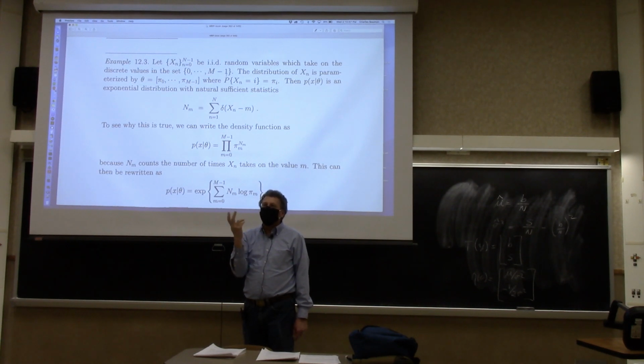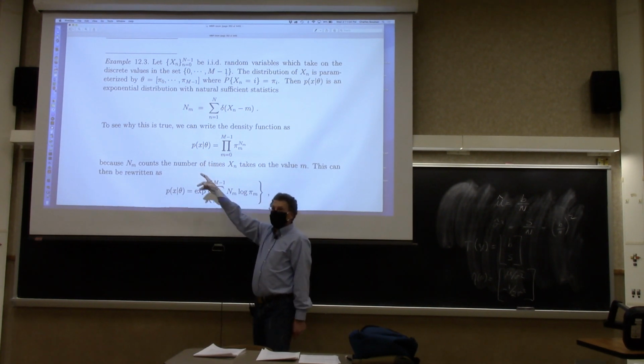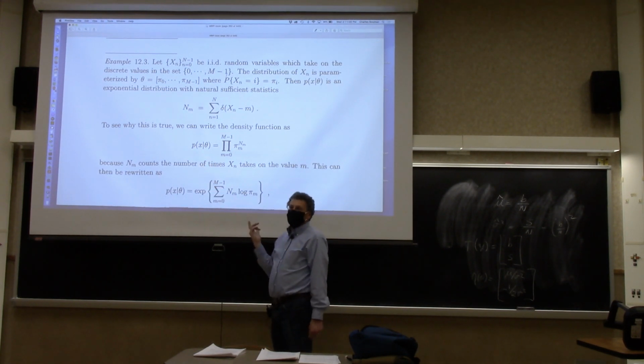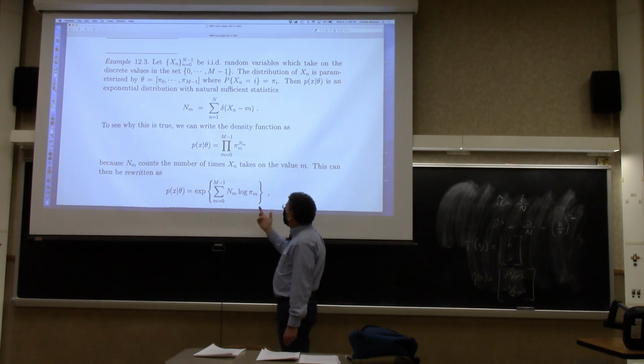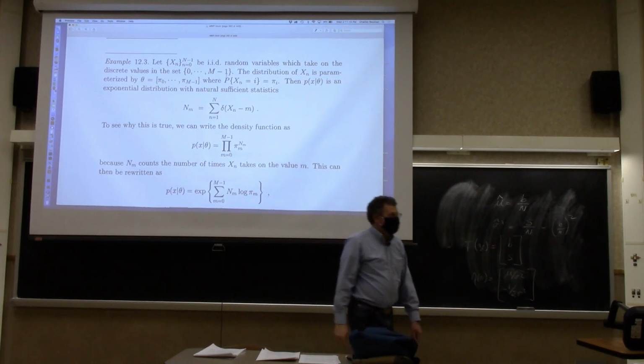So you count the number of times class 1 occurred. So let's say it occurred 10 times, and then you take the probability of class 1, raise it to the power 10. And you do that for every class, multiply them together. That's going to give you the probability of the sequence, because it's the probability of each event in the sequence. And then if I take the log of that, it turns it into a sum. So it looks like this.